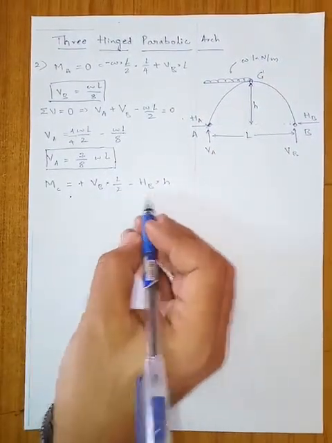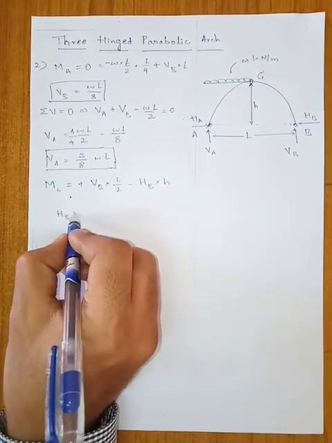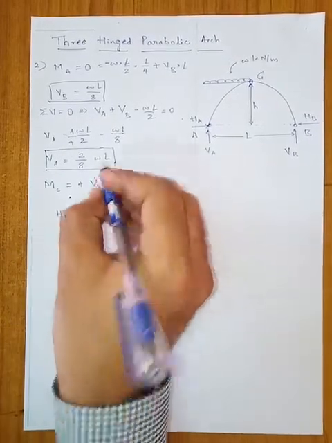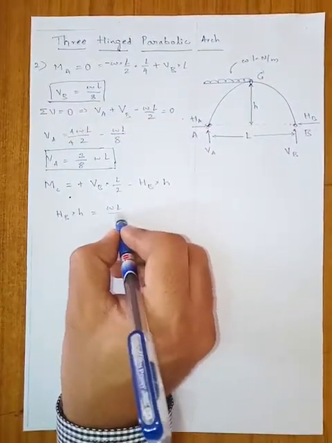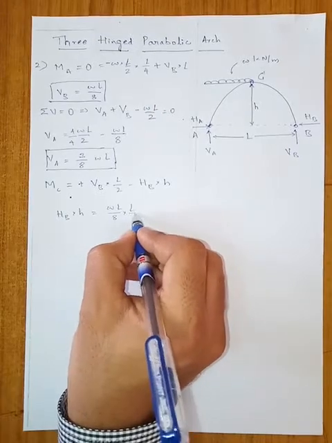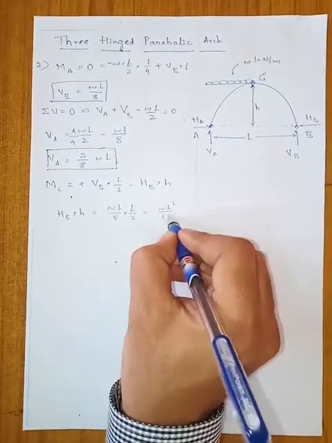Substitute VB. I will move this to the LHS, it becomes positive. HB into H is equal to, VB is WL by 8, so WL by 8 into L by 2. This is nothing but WL square upon 16.